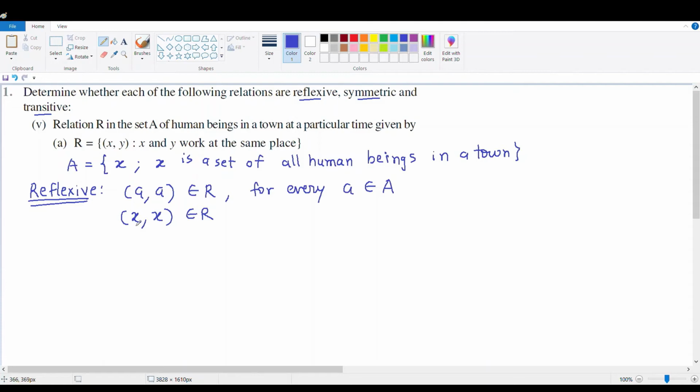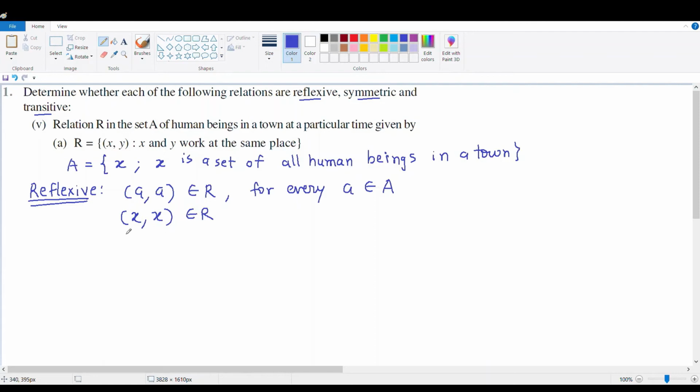And what is the condition? That x and x must work at the same place, of course.